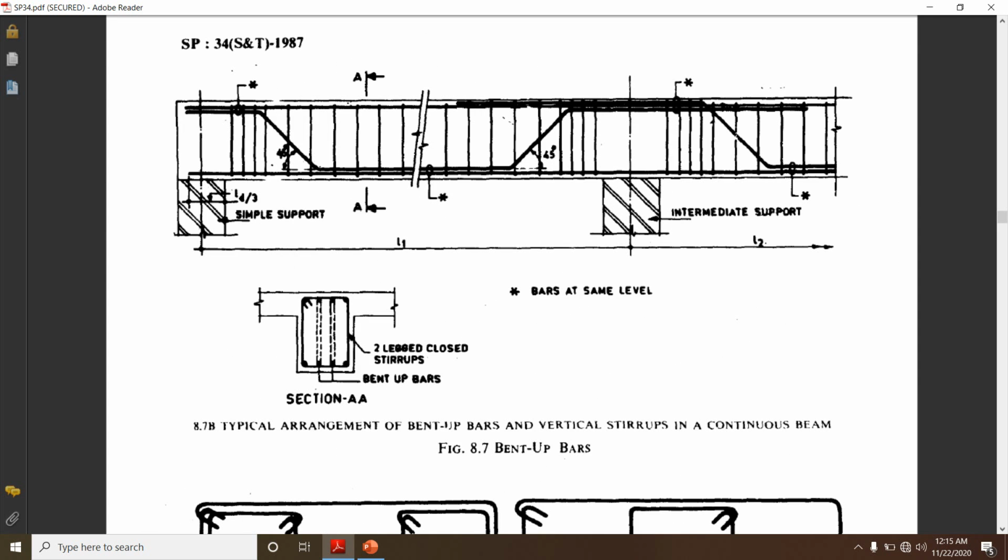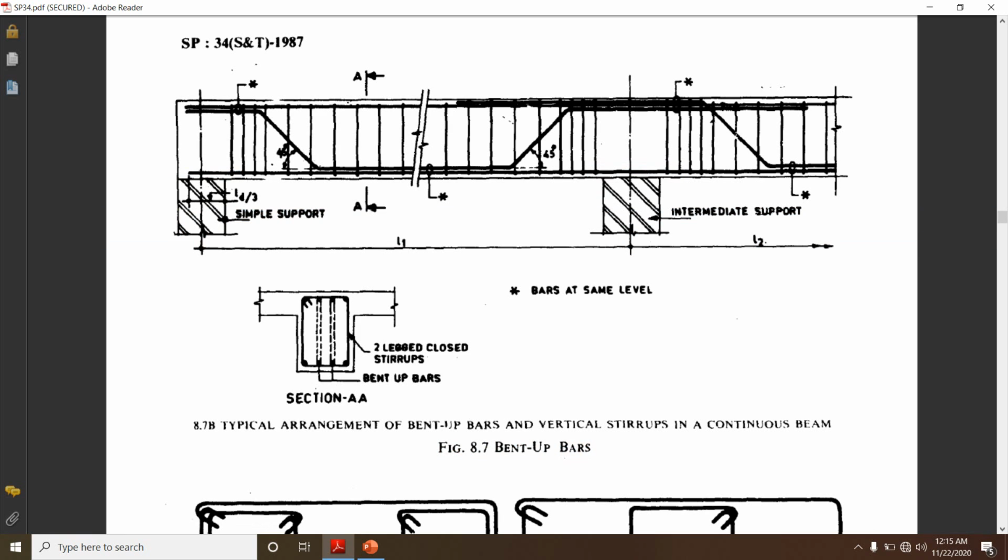Then next I'll go to the typical arrangement of beams when we provide bent up bars and vertical stirrups in a continuous beam. When we provide bent up bars, this detailing has to be followed. This is one continuous beam, wherein we have an end support and an intermediate support.